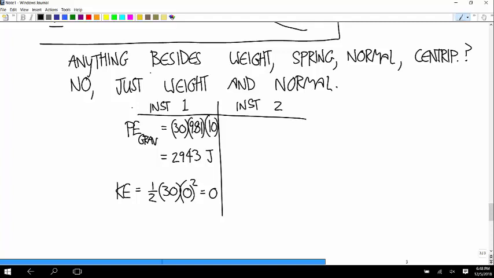Now we'll calculate the same things at the bottom of the hill. Potential energy due to gravitation is the mass, 30, times 9.81, times the height. What's the height at the bottom of the hill? 0, because that's what we chose to be our 0 height. So there's no gravitational potential energy at the bottom.